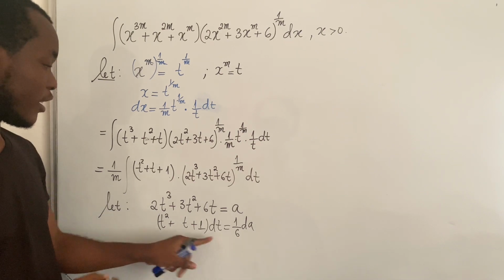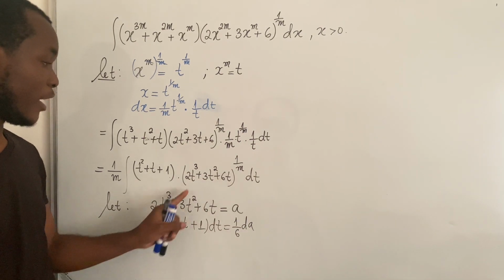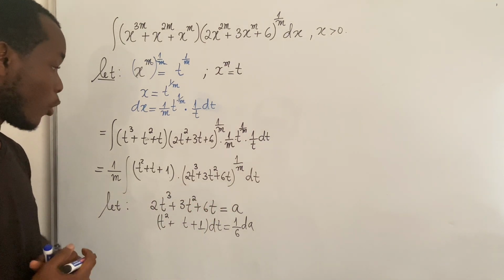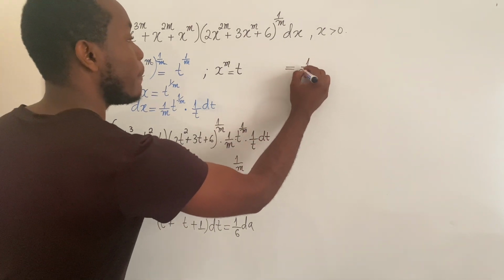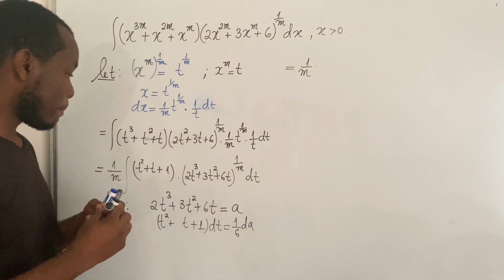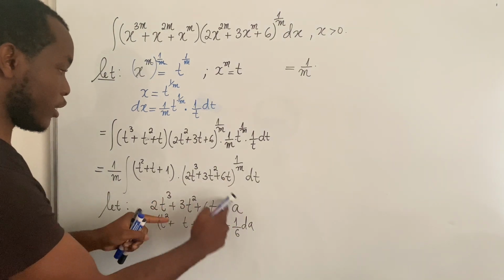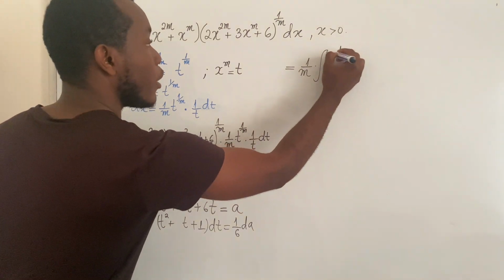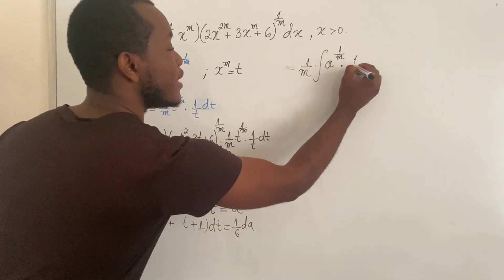Now this expression here is this expression and this expression, which is 1 over 6 dA. And this expression will be a. You see how fascinating this problem is getting. So this is going to be equal to 1 over m times this expression and dt, which we said is 1 over 6, and this expression is a, so it's going to be the integral of a to the power 1 over m times 1 over 6 dA.